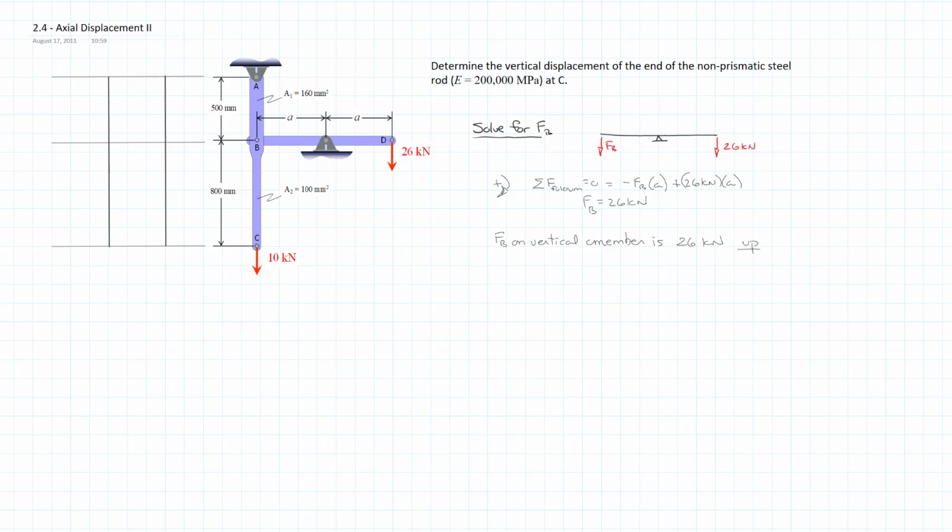So now I'm going to carry on. I'm actually going to do my free body diagram for the vertical member AB, and I'm going to do that off to the side that lines up rather nicely with it. So we'll just label that free body diagram, put on my applied loads. So we have 10 kilonewtons, and we said a load at B of 26 kilonewtons going up.